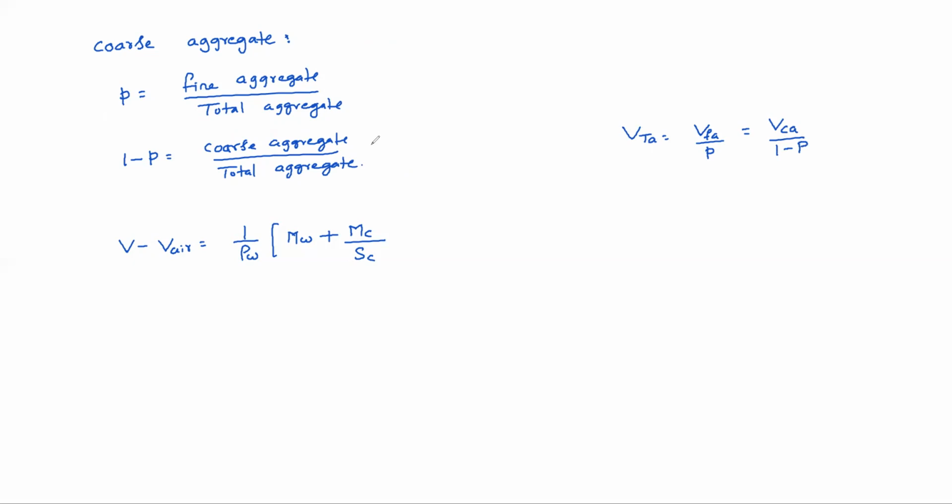See here, volume of coarse aggregate divided by volume of total aggregate. So volume of total aggregate can be written as volume of coarse aggregate by 1 minus P.